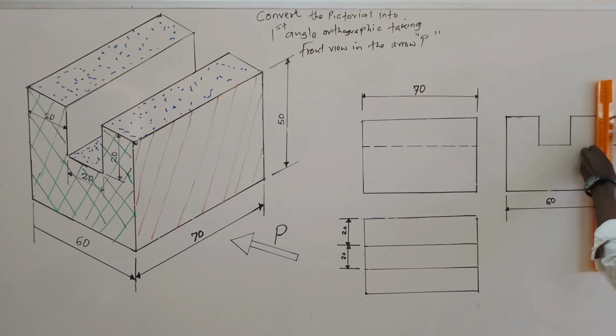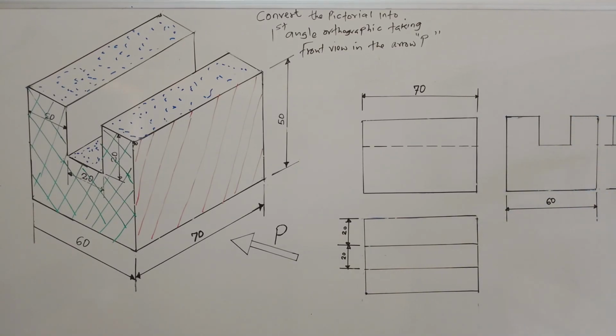The overall height is away from the smaller height. So this one is 20, and then this one is 50. In that case now I have shown the dimensions.